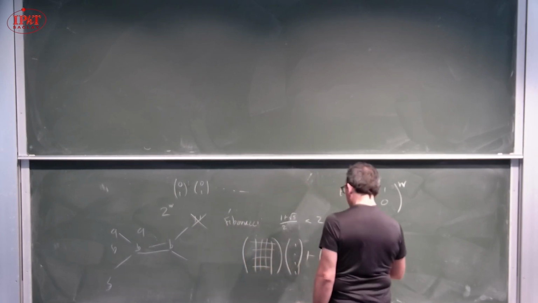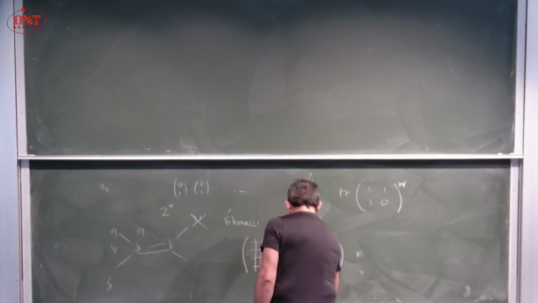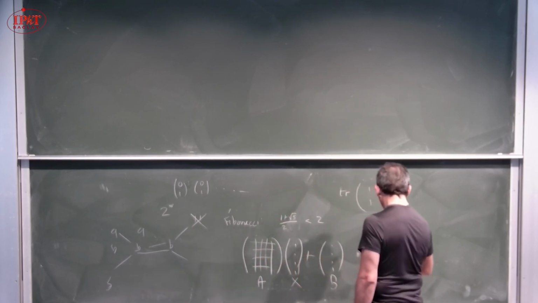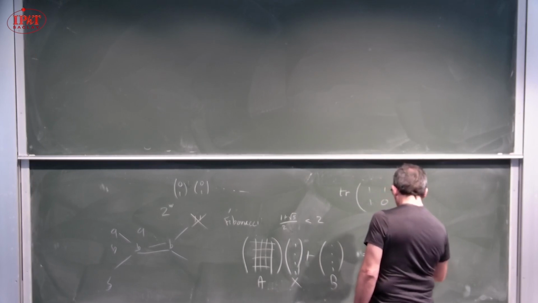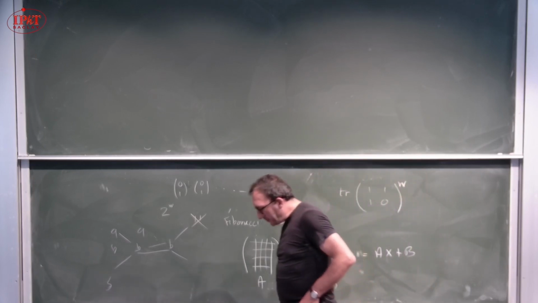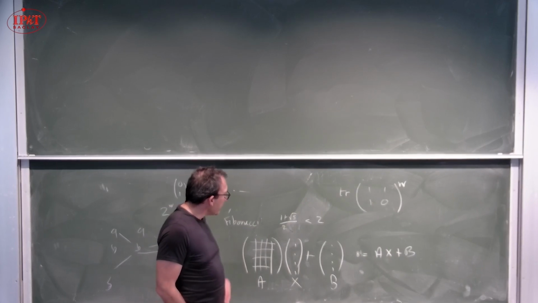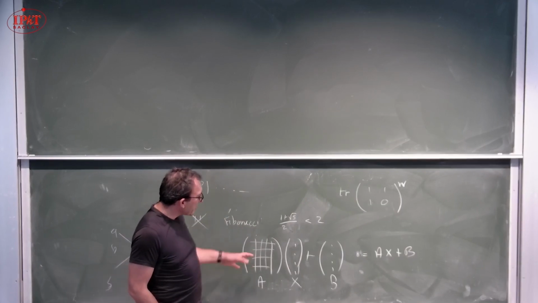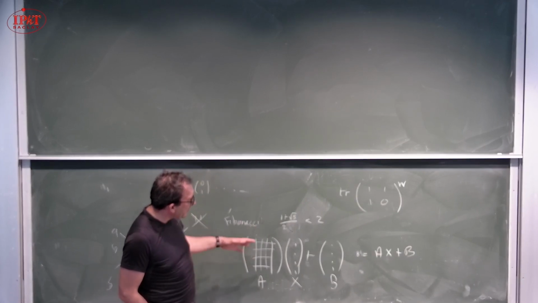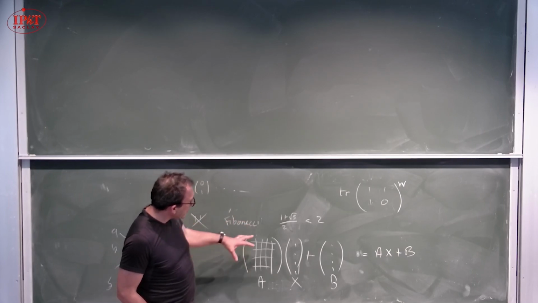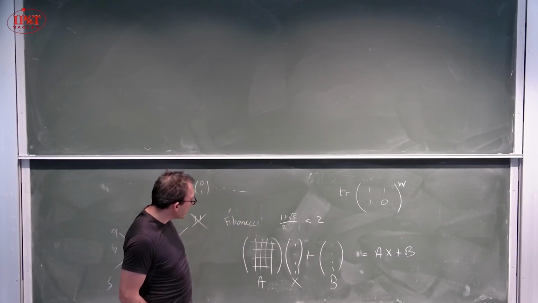Let's call this A, this is X, and this is B. So they compute AX plus B, and they do that with one of those reduced precision formats. They can do that for various formats, but most of them have less precision than single precision. Like 16-bit floats, for instance.